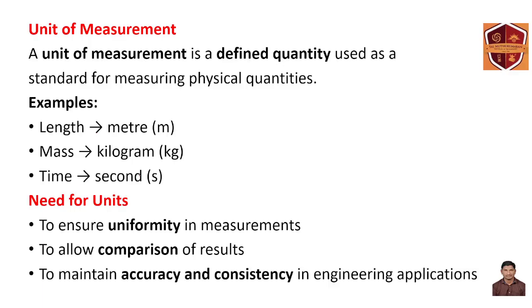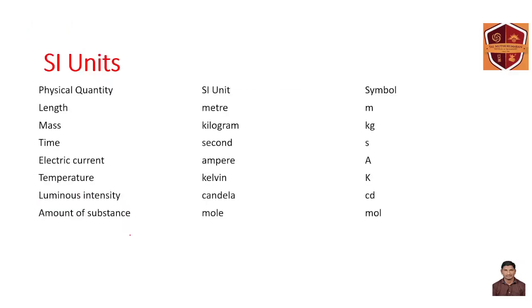To ensure the uniformity in measurements, to allow the comparison of results, and to maintain the accuracy and consistency in engineering applications. These are all the SI units. What is meant by SI units? SI stands for System International Units.